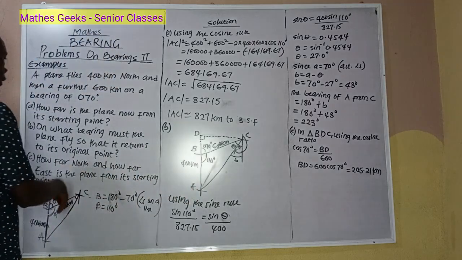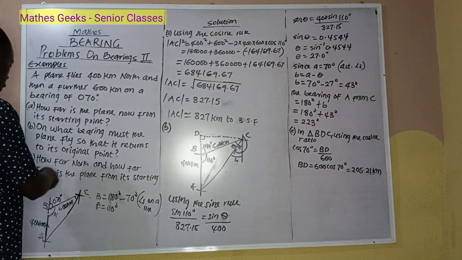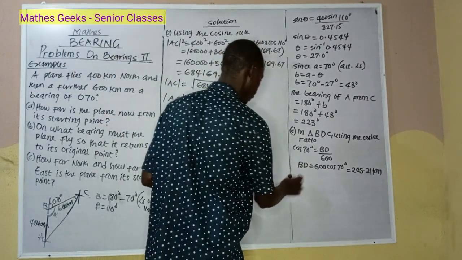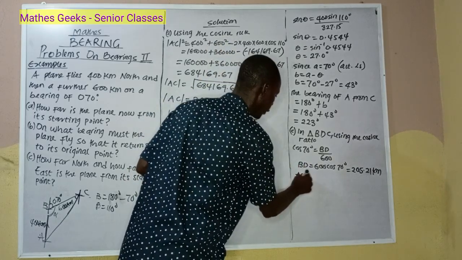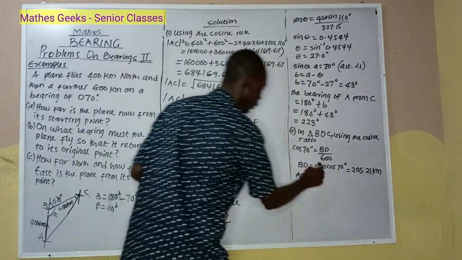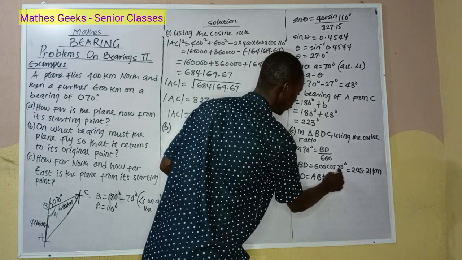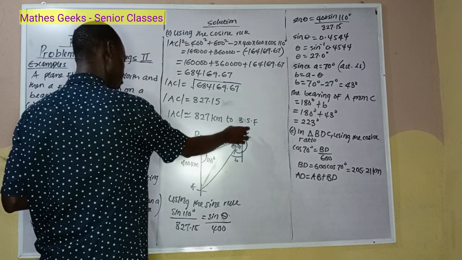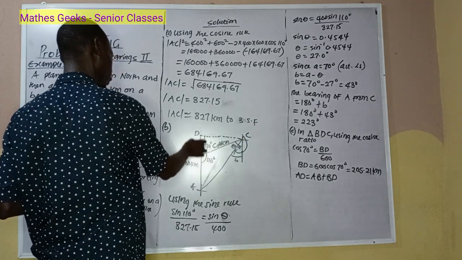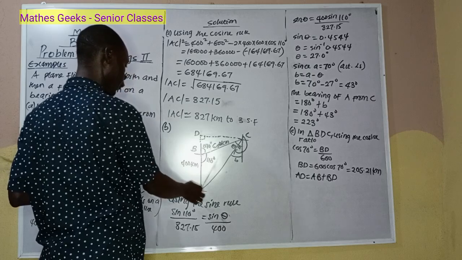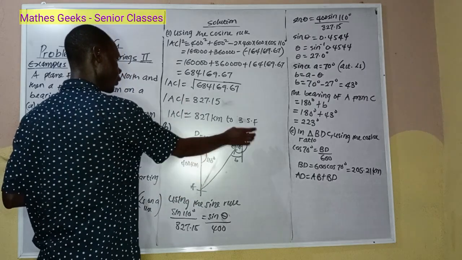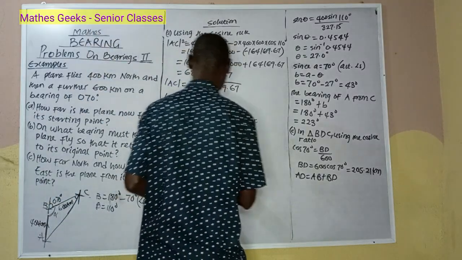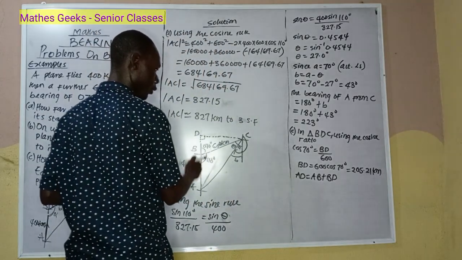The question says how far north is the plane from the starting point. So the total distance will give us AD equal to AB plus BD. That is how far the plane has flown northward from the starting point in reference to the position of the final destination.